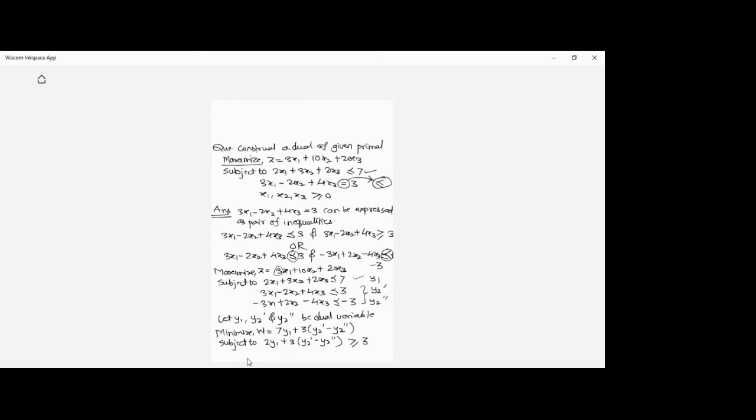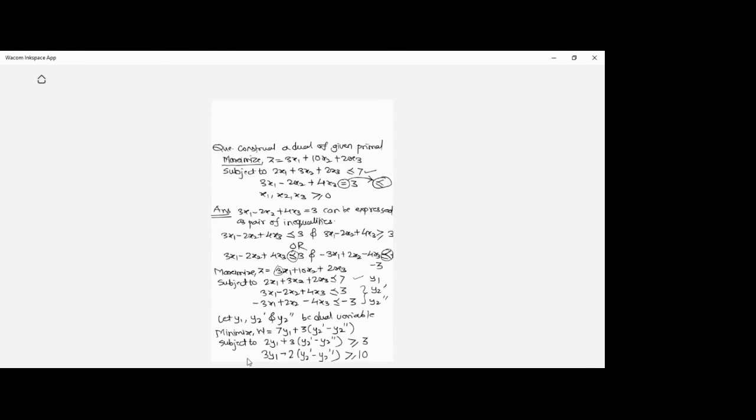Similarly, the next constraint we can derive is 3y1 minus 2y2 dash plus 2y2 double dash greater than or equal to 10.